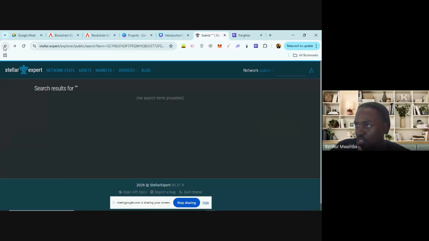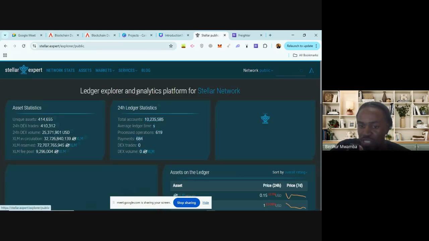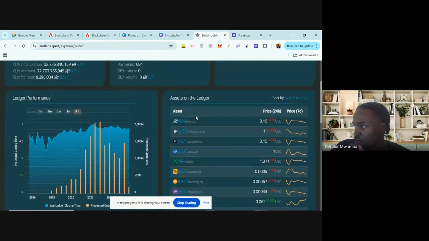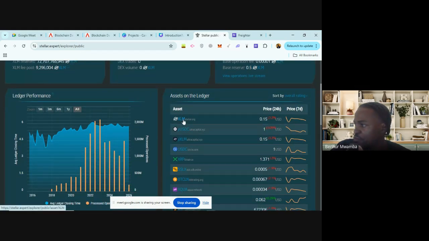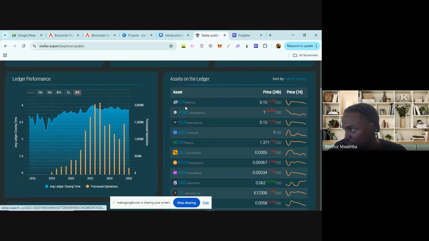Another thing I also want to show you is the tokens. You can also see different tokens on Stellar. XLM is the native token for Stellar.